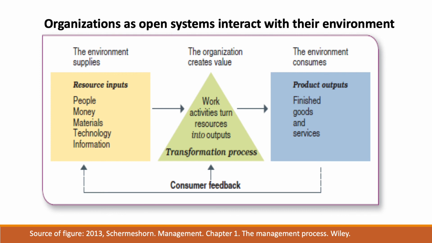And those inputs enter a black box and are processed with the procedures, with the specific processes that are inside the organization. And that transformation process delivers the product outputs, which are maybe goods, maybe services, maybe a combination of goods and services.